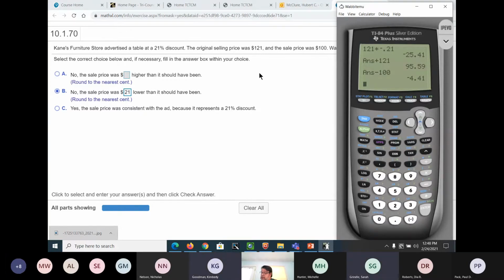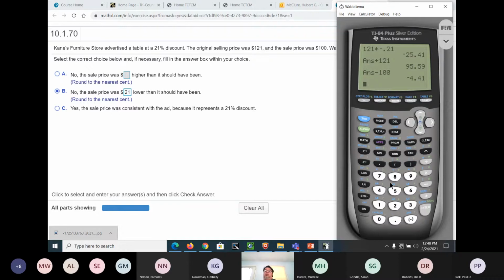I'm unsure. Yeah. Minus 121, and negative 121% is equal to negative 21, and I divided by negative 121.